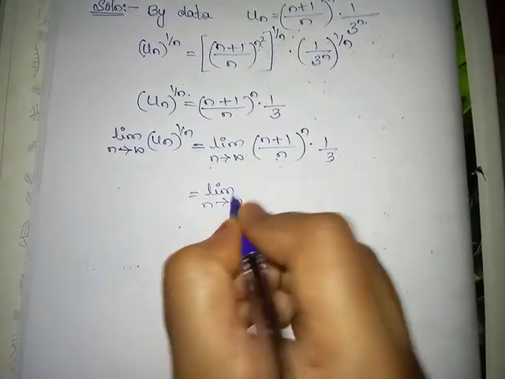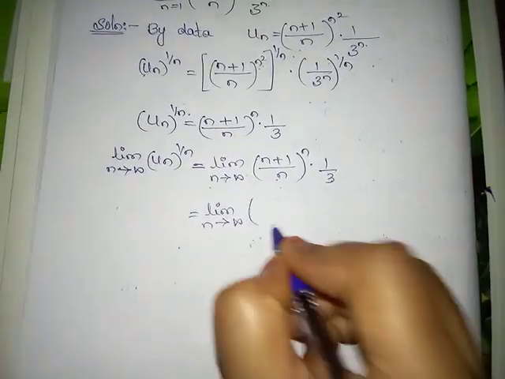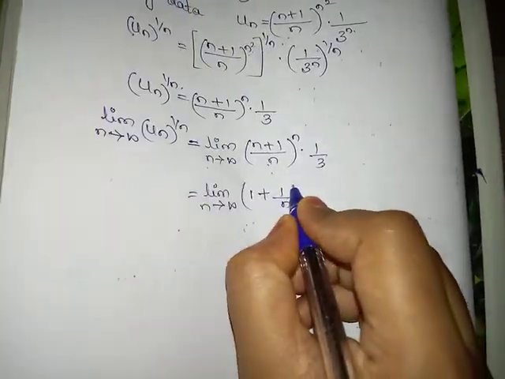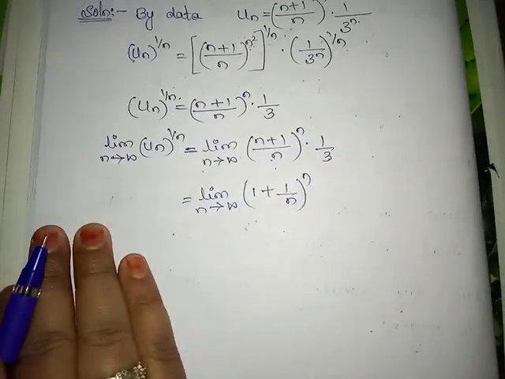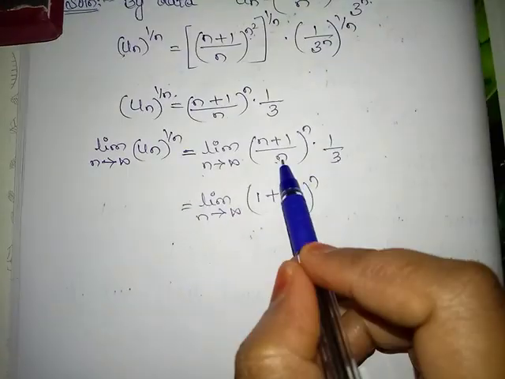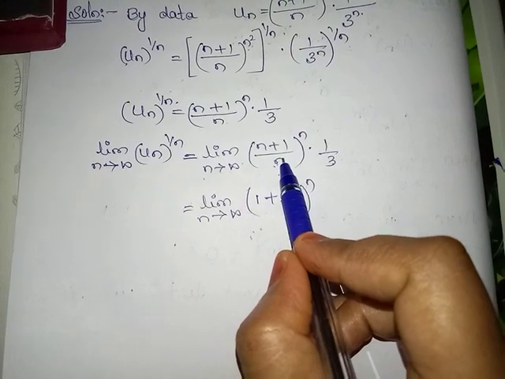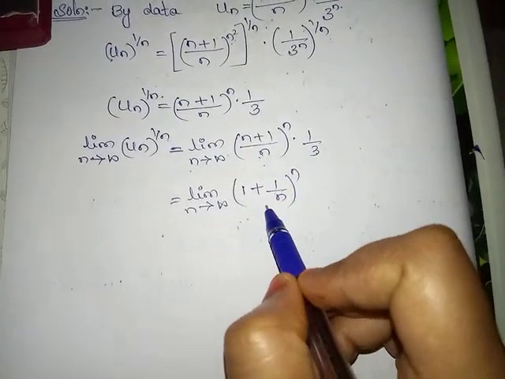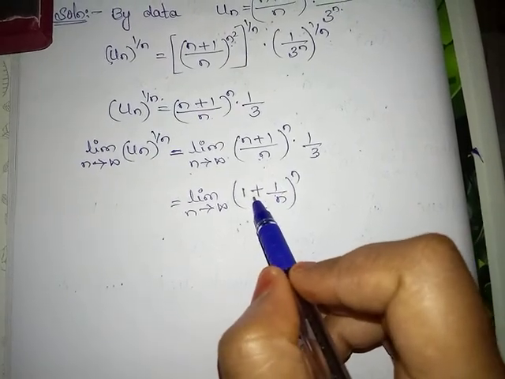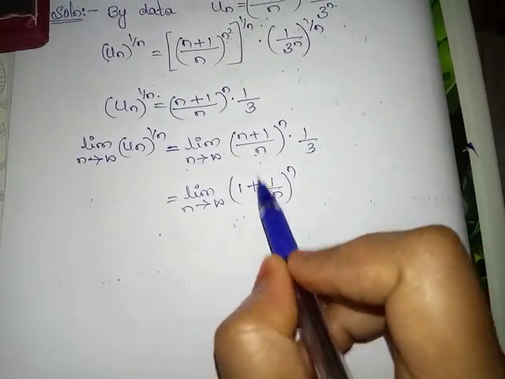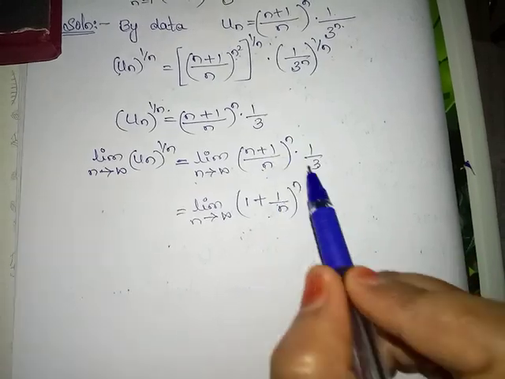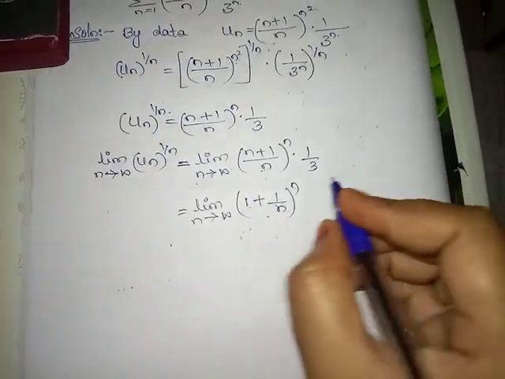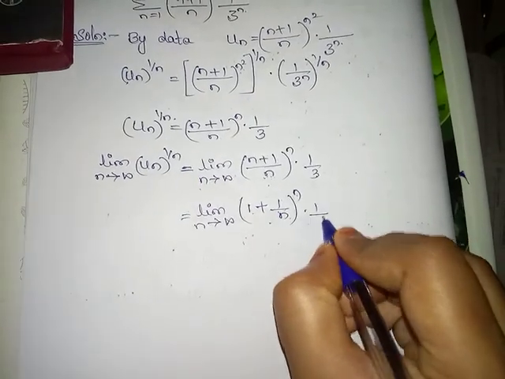limit n tends to infinity, this term can be written as (1 plus 1 by n) raised to n. This is the term obtained by taking the LCM. When we take the LCM, again we get (n plus 1) divided by n. We take the simplified form, that is (1 plus 1 by n) raised to n into 1 by 3.